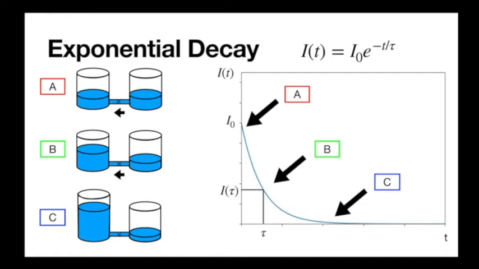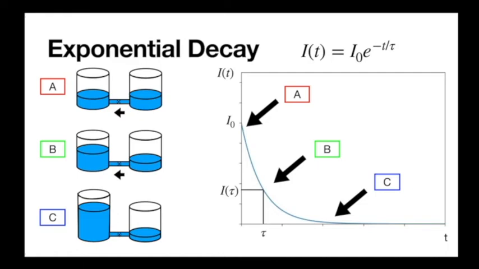It also shows us that not only is the current decreasing from one value down to 0, but that the rate at which it's decreasing is decreasing as well. So it starts off approaching 0 very quickly, and then as we get closer and closer to the maximum height difference, that current asymptotically approaches 0.